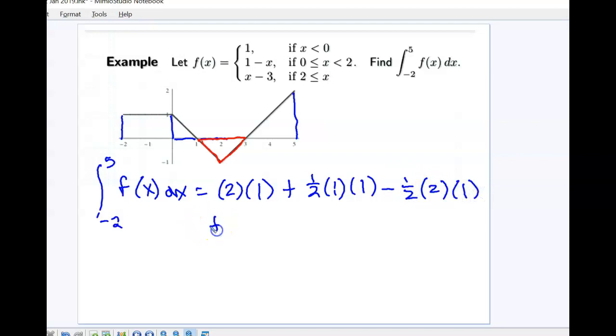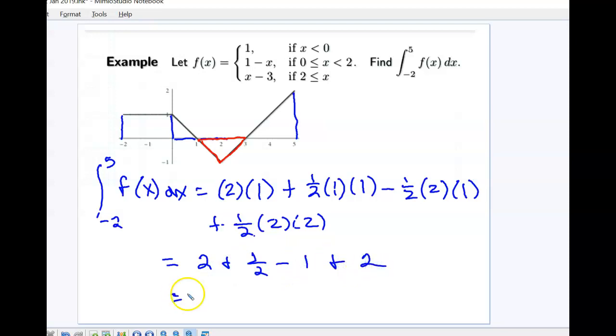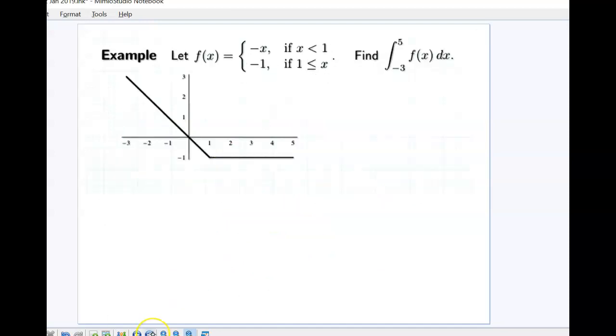And then I have plus another triangle, 1/2, base is 2, and the height is 2. So if we work this out, I get 2 plus 1/2 minus 1 plus 2. So this ends up being 2 plus 2 is 4, minus 1 is 3, 3 and 1/2 would be the integral from -2 to 5. So the signed area under the graph would be 3.5.